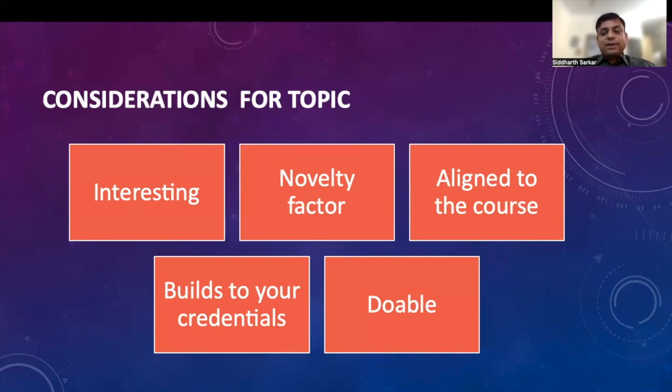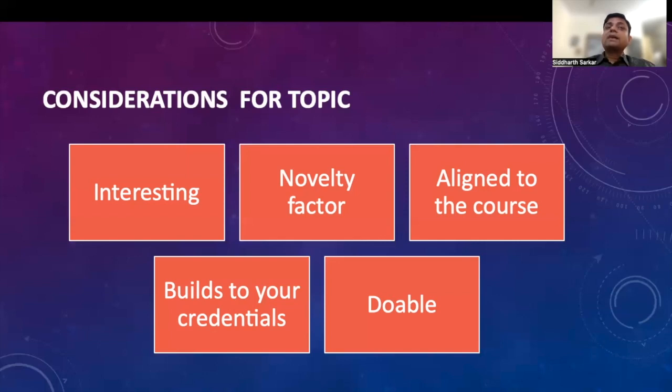It should be aligned to your course as well. So, for example, if you are pursuing an MD in psychiatry, a topic from a far away field, largely in the domain of ophthalmology or surgery, might not be of much use. So it should be aligned to the course as well. It should build your credentials as well.